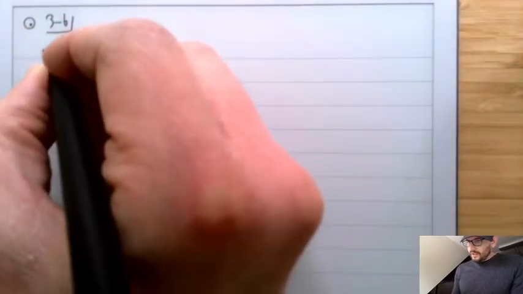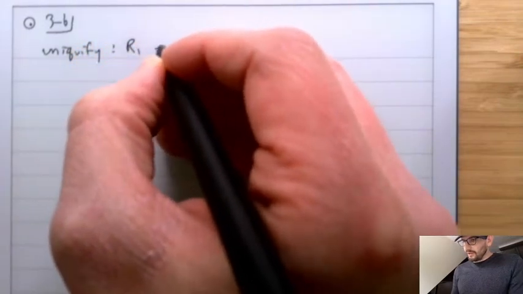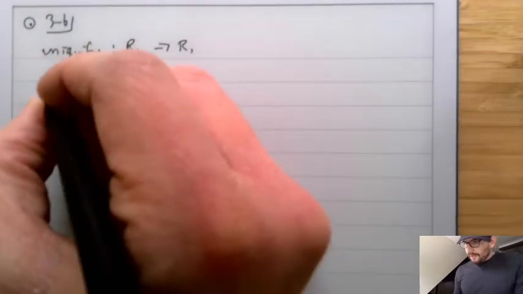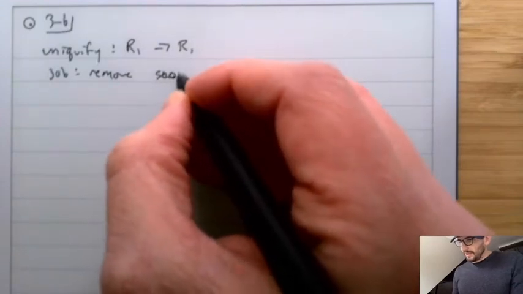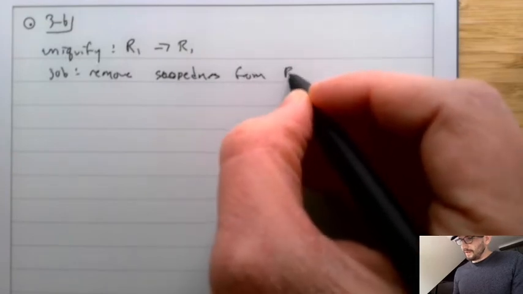So the first one is called uniquify, and it takes an R1 program and returns an R1 program. And its job is to remove scopedness from R1.